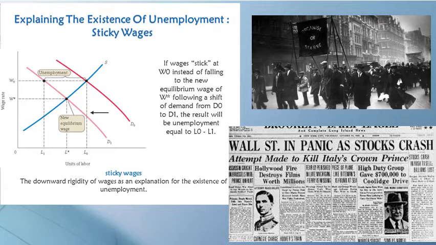And raising rates in the US did stop the stock market bubble, but because demand for US exports had collapsed, instead of a gentle landing, the stock market bubble burst, and we have the infamous 1929 stock market crash.